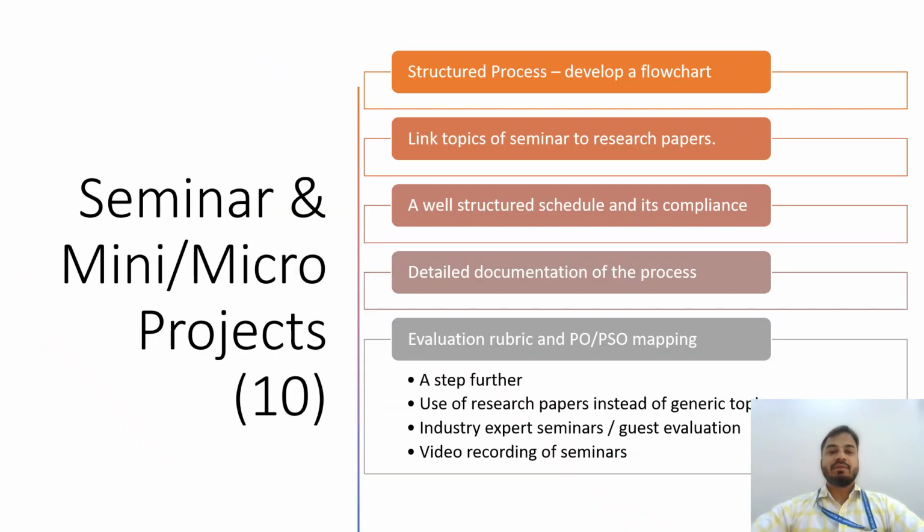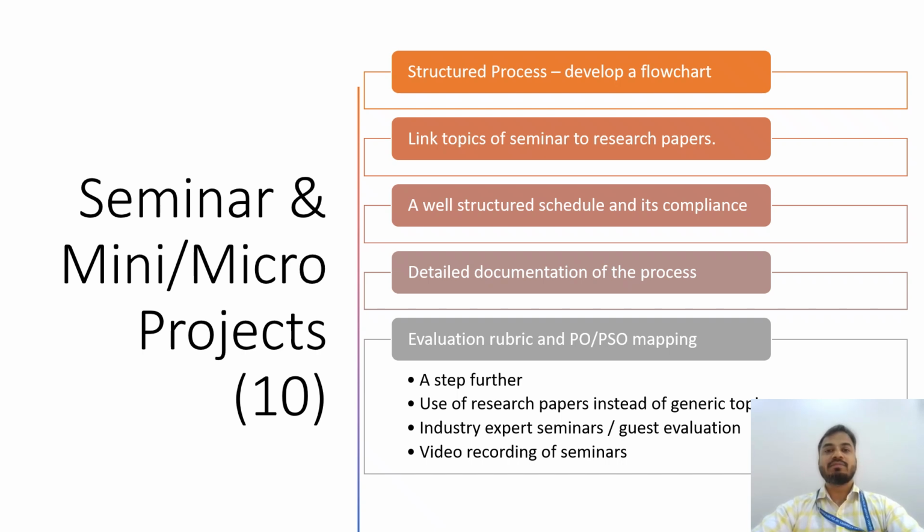So the second part, which carries 10 marks, is seminar and mini and micro projects. Each course nowadays, when we look at alternate assessment tools for continuous evaluation, we focus on providing various tools to evaluate a student based on various categories. Most of the courses have been given a task of providing hands-on experience or practical exposure to students so that they find meaning with respect to practicality, or by solving certain small problems of society or human challenges.